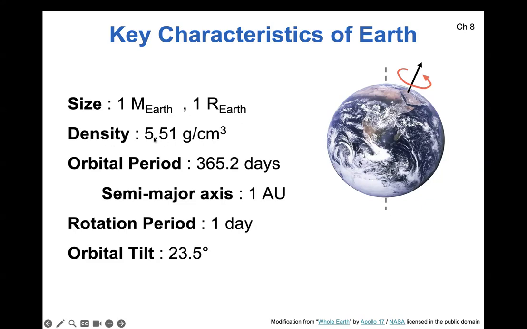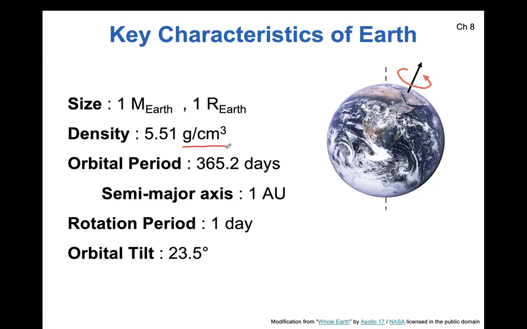The density, well, we all just call it a density of 1. In fact, if there is such a reference density, it's going to be water. We talked about that last time in chapter 7. When we have a comparative density, we compare it to water. We say that the planet is 3 times denser than water, for example. And so this value right here would be 5.51 times denser than water, because 1 gram per cubic centimeter is the density of water.